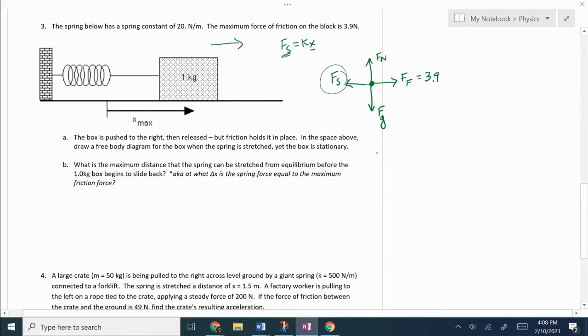That's going to be when Fs is equal to Ff. And you're given Ff, so you know that that's 3.9, and that is kx. So just solve for x then.